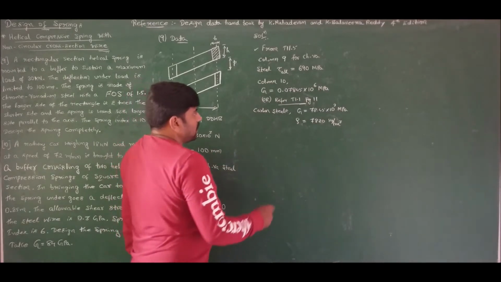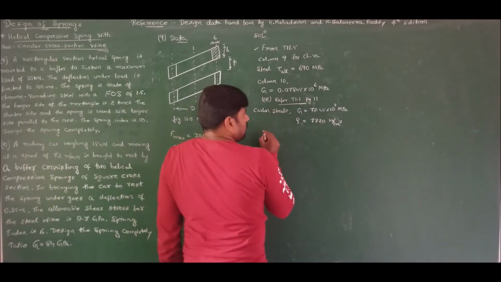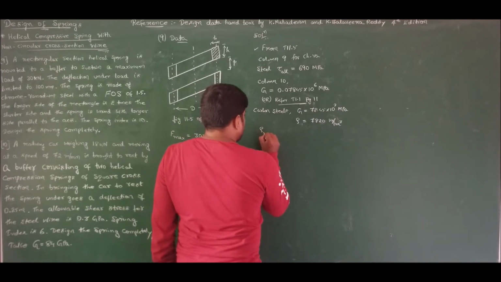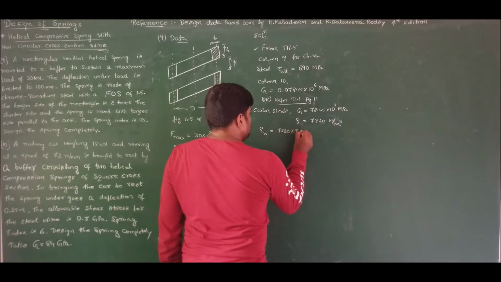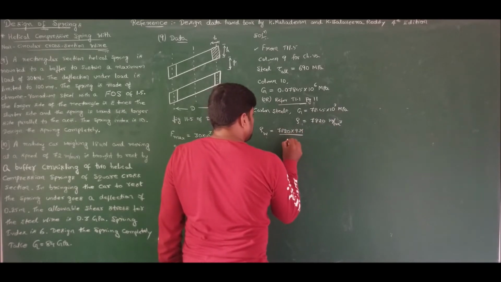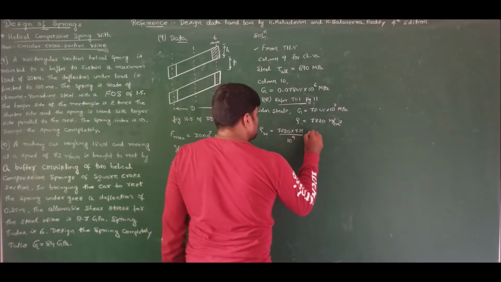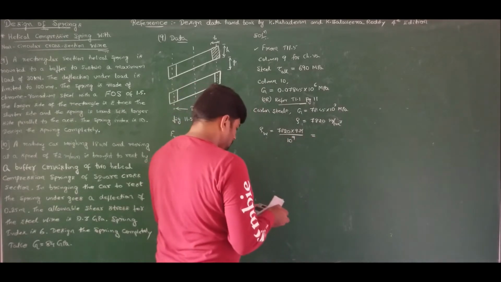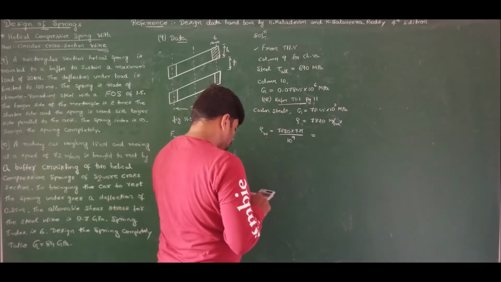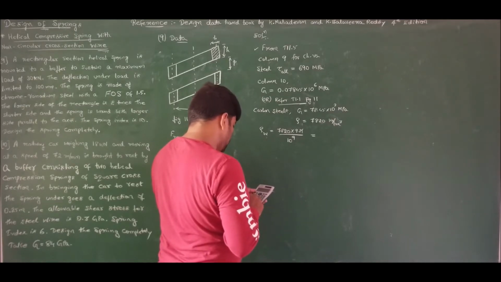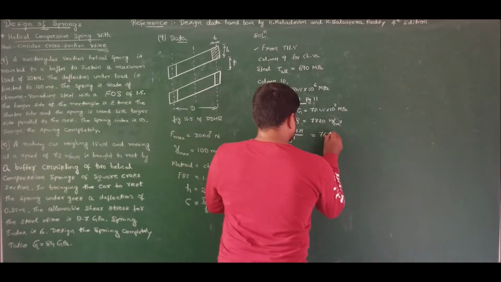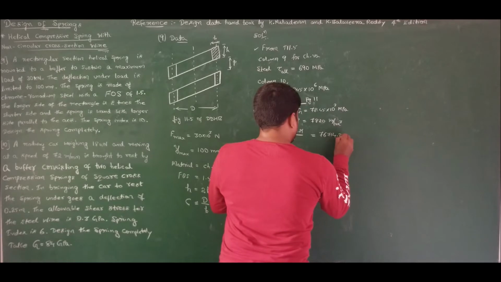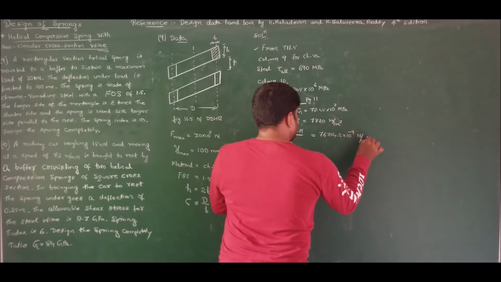If I convert this into newtons per millimeter cube, for weight density, I will get 7820 into 9.81 divided by 10 to the power of plus 9. 7820 into 9.81 gives the value 76714.2 into 10 to the power of minus 9 newton per millimeter cube.